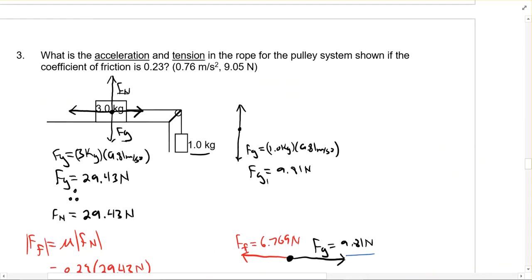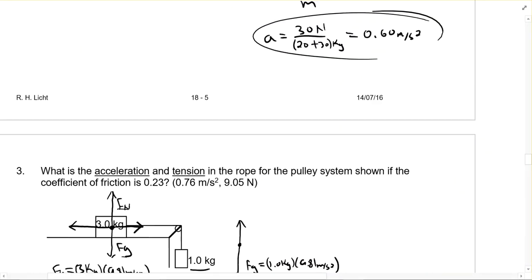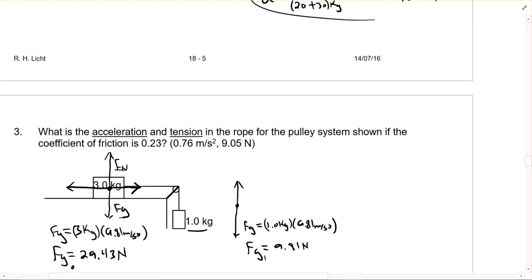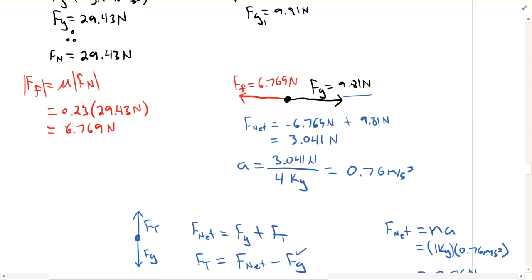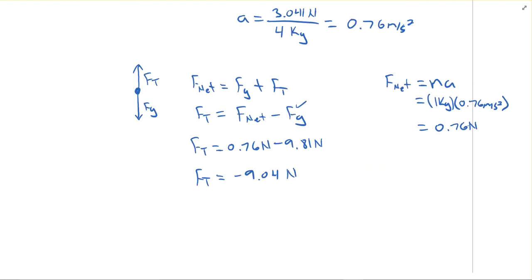And what should my sig digs be? I should probably only have 2 sig digs, I bet. Yeah, because coefficient of friction here, and our numbers only have 2, so my answer should have only had 2 sig digs. So this should have just been 9.0 newtons, and it's in the negative direction, so it's pulling up, which makes sense.